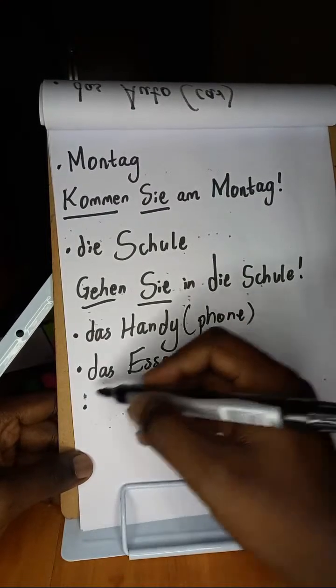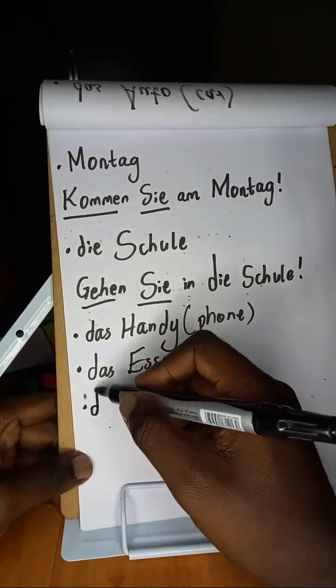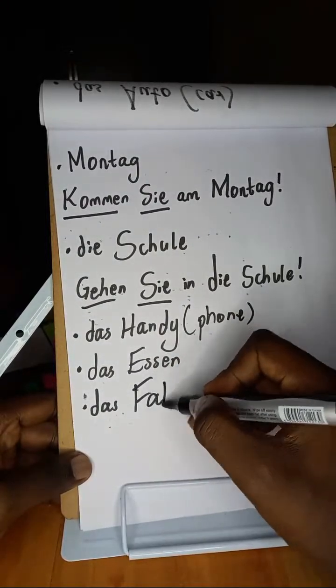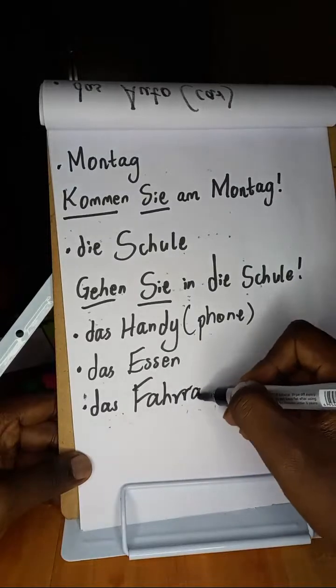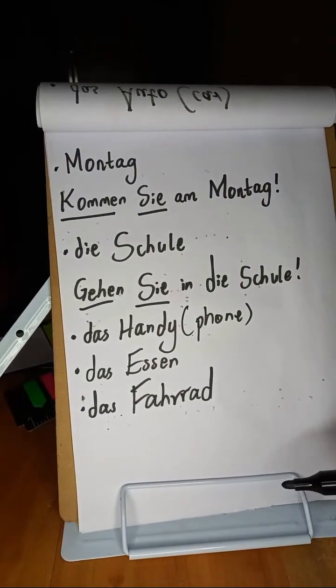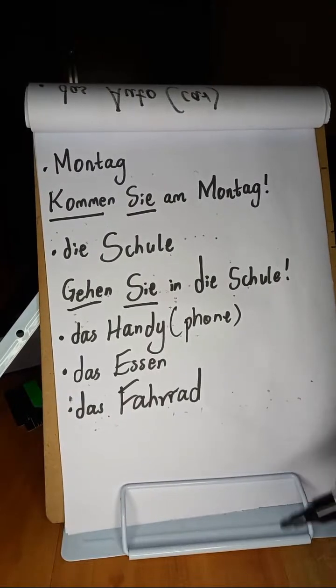And then the last one I'd like you to also attempt is das Fahrrad, which means bicycle, okay? So, ladies and gentlemen, please, let's go ahead and attempt this. After you have formed your request, you could form as many as possible. Kindly share in the comment section so that I'll be able to check some of us and see how we've done.